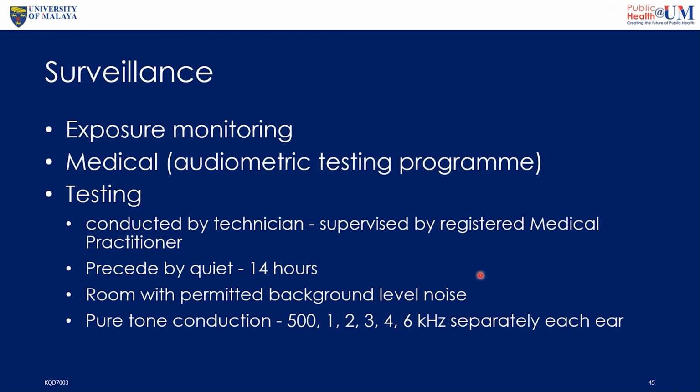All right. So exposure monitoring, medical auditory testing program, testing conducted by technicians, supervised by medical practitioner, preceded by quiet 14 hours, room with permitted background noise, using pure tone audiometry at 500 hertz and 1, 2, 3, 4, and 6 kilohertz.